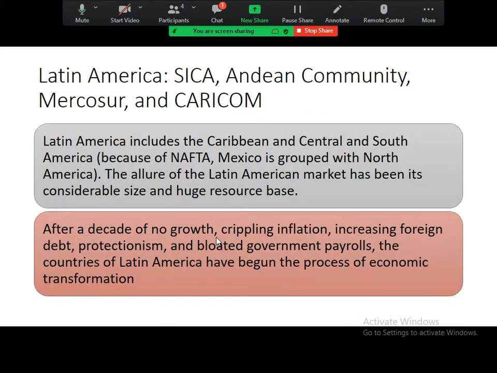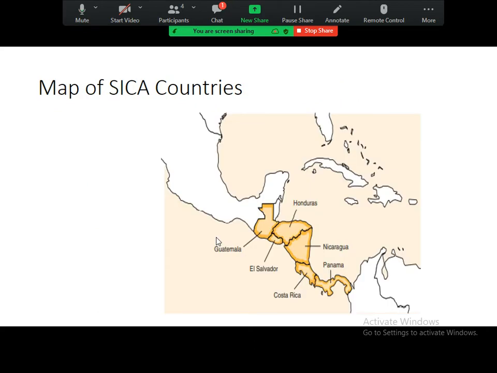Now we will talk about CARICOM. So Latin America: SICA, Andean Community, Mercosur, and CARICOM. Now Latin America includes the Caribbean and Central and South America. We'll first see the map of SICA countries. So this is the map of SICA countries.